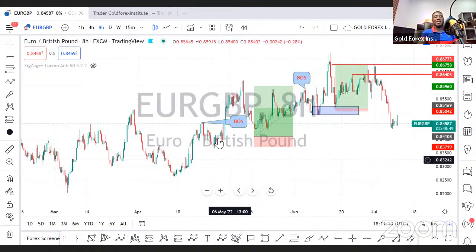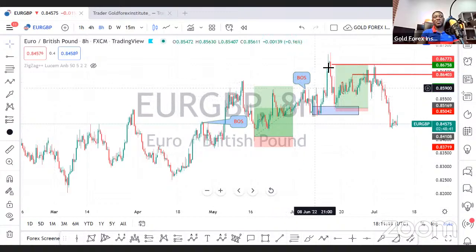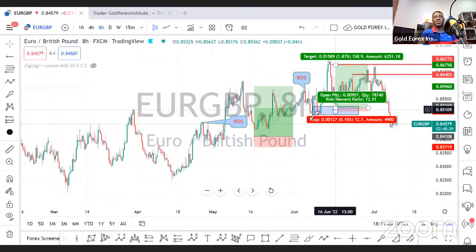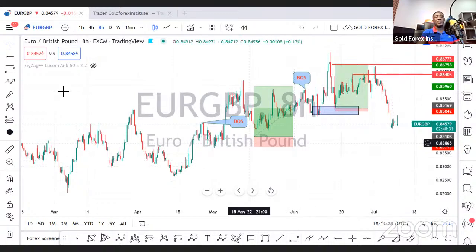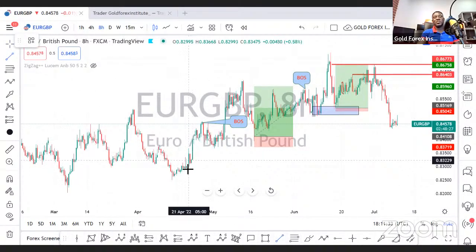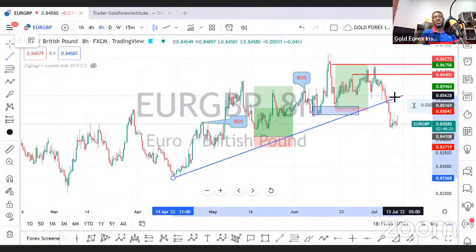So it was a change of character, break of structure. Okay. Then it came to retest the order block, the demand zone, went up, broke it, came to the demand zone, and we're targeting the order block, which is this small one. Now it's selling. It will really sell. That means that pound should get some strength or something.